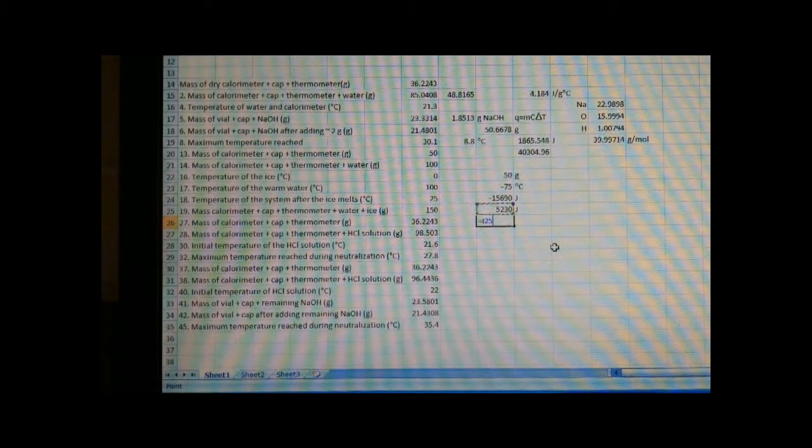I'm losing this heat, and I'm gaining this heat, but when I'm doing this calculation, I'm just going to use the positive values.